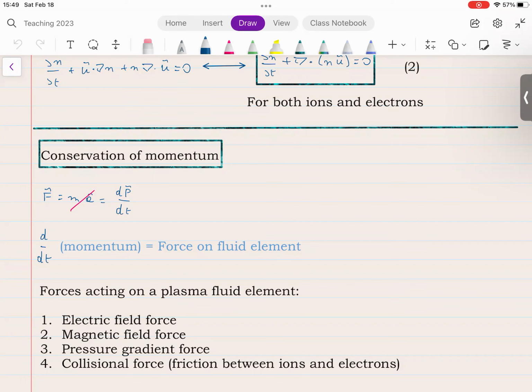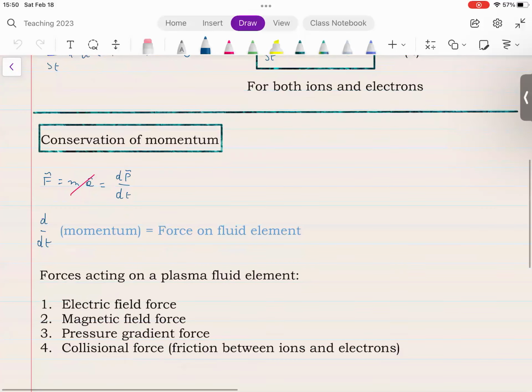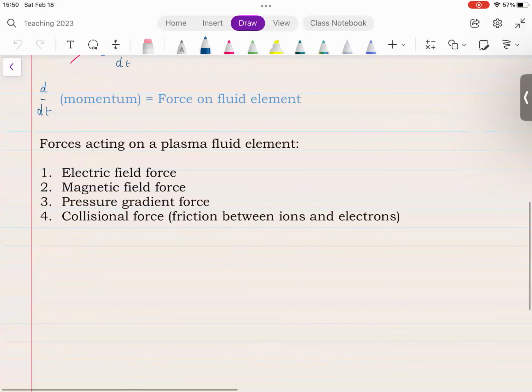The ions are moving in a certain direction, the electrons are going to start moving in the same direction because of collisions, and vice versa. So that is what the collisional force means.